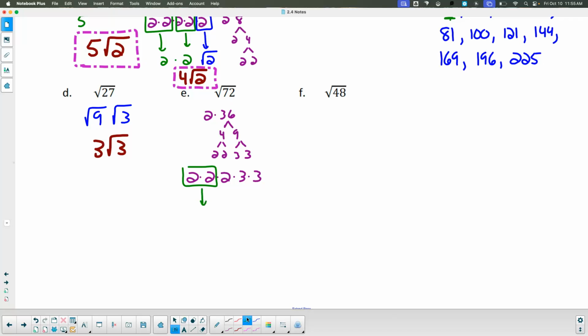Here's one pair. Here's one pair. Actually, I'll move that arrow over a little bit. And this one is not a pair. So then this would be 6 square roots of 2.